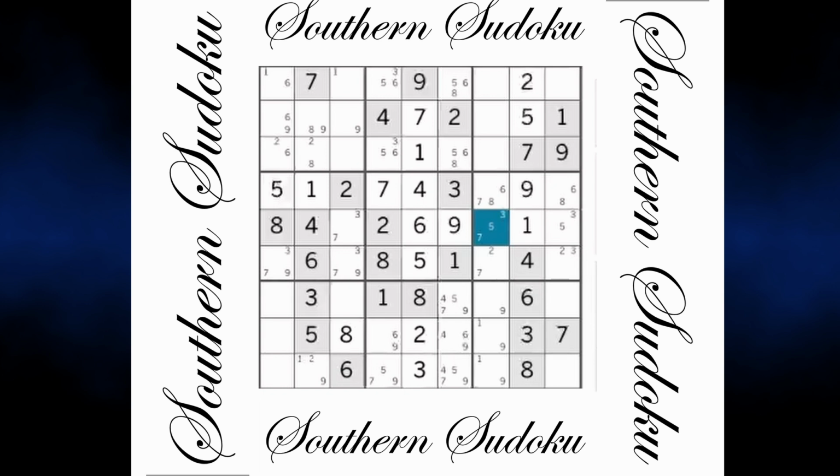So the 3, 5, 7 has to be in that space. All right, that can't be a 7. We filled in the 7 for that row. So these are the 6 and the 8s.